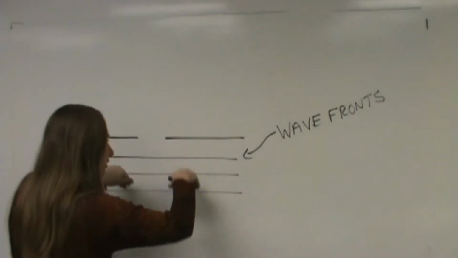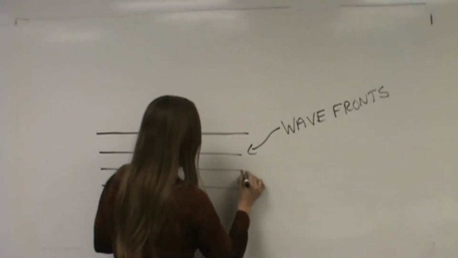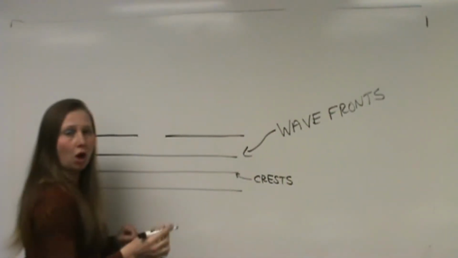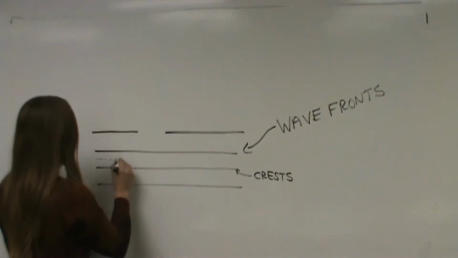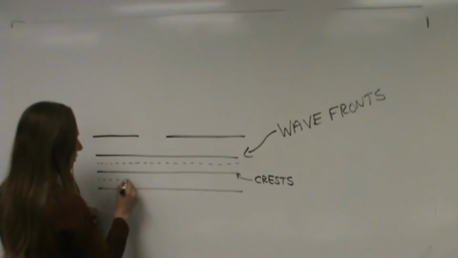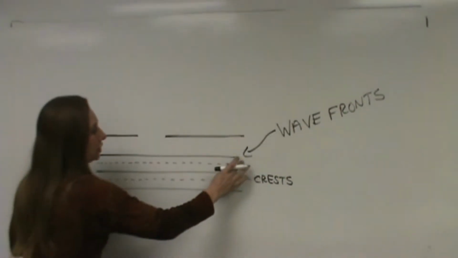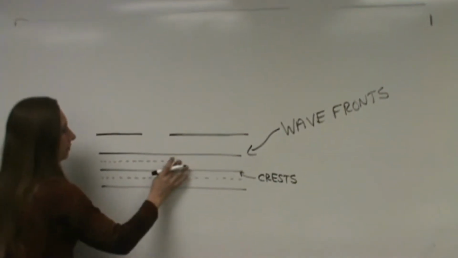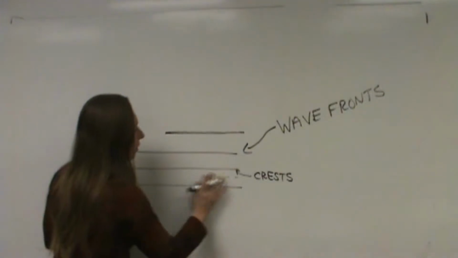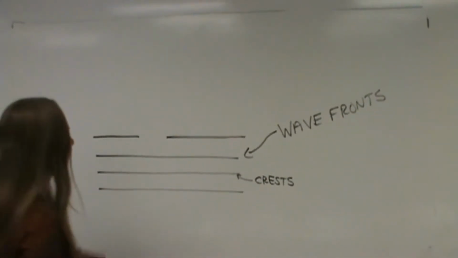Generally, we use a solid line to represent crests, and the troughs would obviously be between the crests. So you can draw in the troughs as dotted lines, or just leave them out in this case. We'll leave the troughs out for now. When we do double slit diffraction, we'll put the troughs in then.